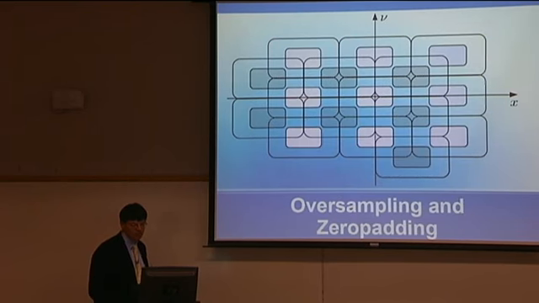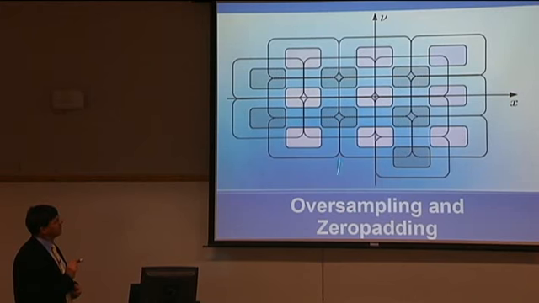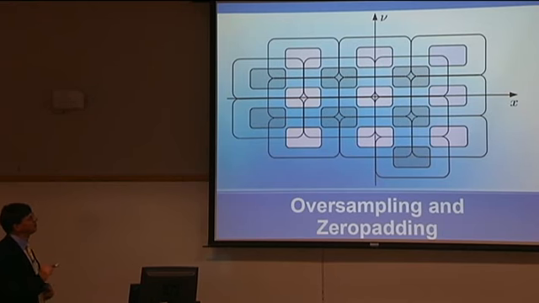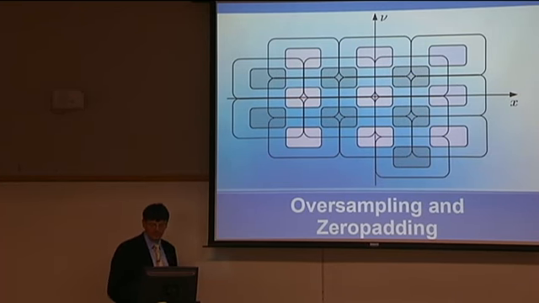So what is the solution? We need to oversample our signal by a factor of 2. That cuts the bandwidth in half. And we have to zero pad the signal, so everything lives in this area in the middle where there is no overlap.